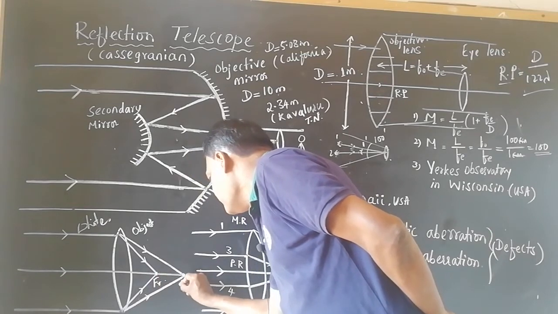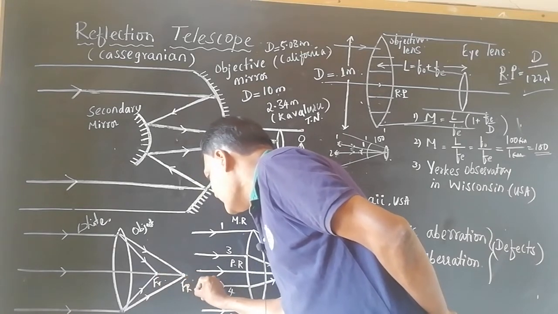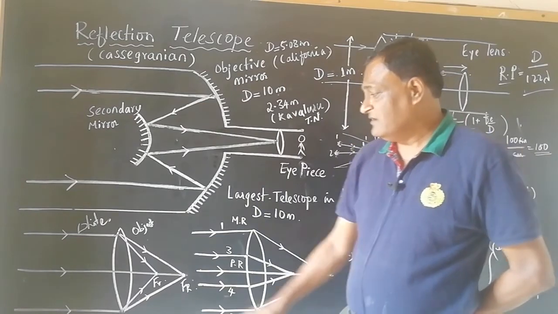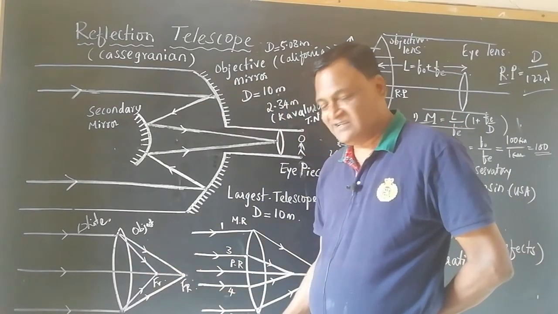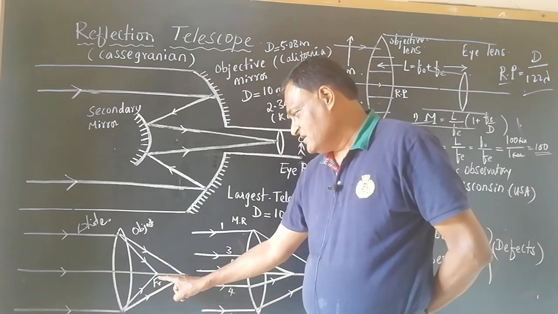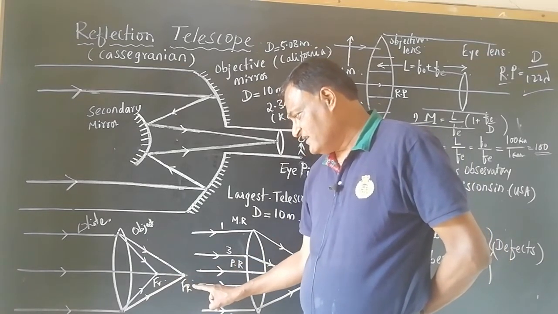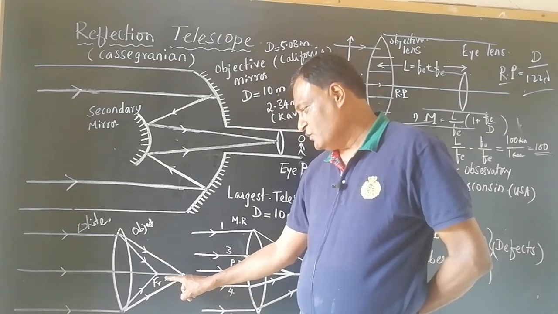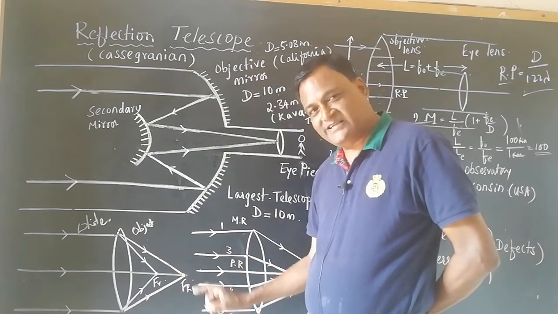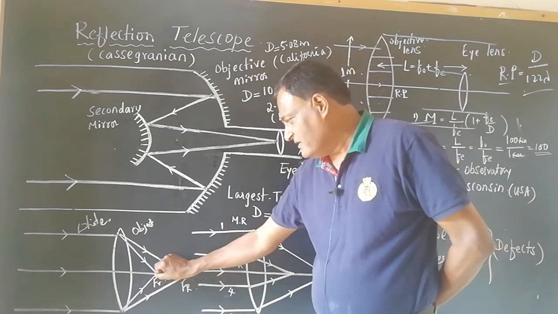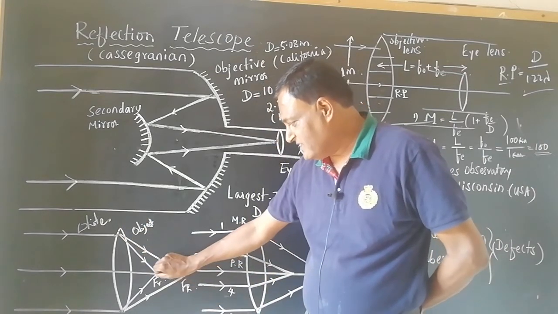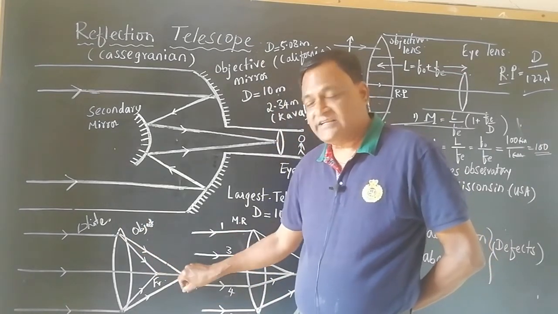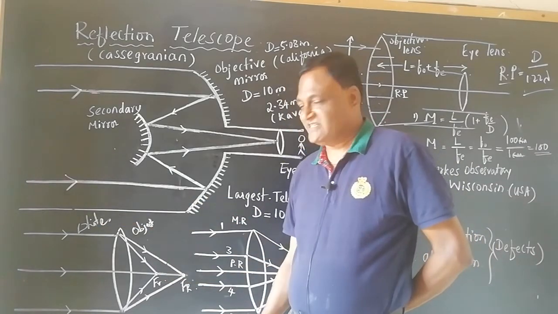This is the principal focus for the red color. Different colors are brought to focus at different points. All other colors fall in between violet and red: indigo, blue, yellow, orange and red. Then here we get the colored image of the object.